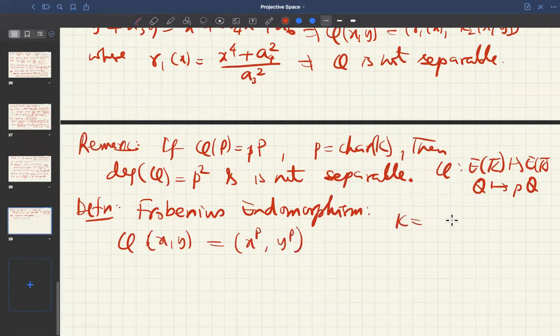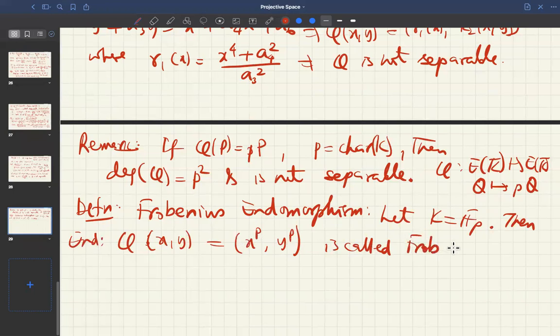Here the characteristic of K is p. Let me be more precise. Let K be a finite field whose characteristic is p. Then the endomorphism phi of (x, y) is called the Frobenius endomorphism.